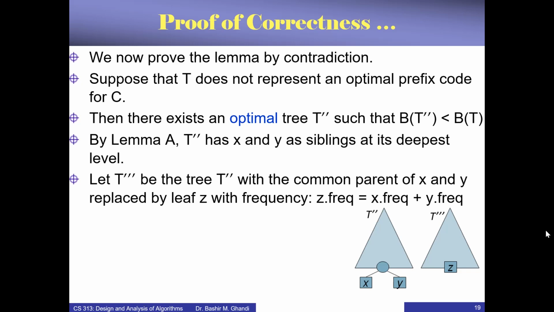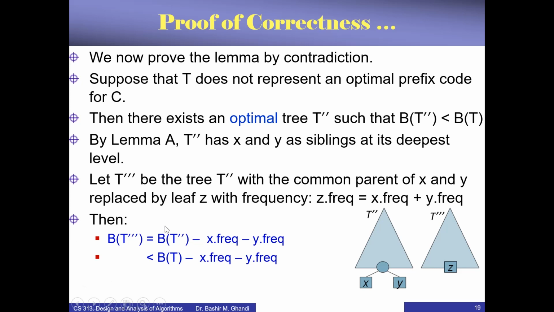If you have such a situation, then the cost of the smaller tree, so the cost of T triple prime is going to be the cost of the bigger one minus the frequency of X minus the frequency of Y. Okay, this is from the last slide. We just obtained this relationship.